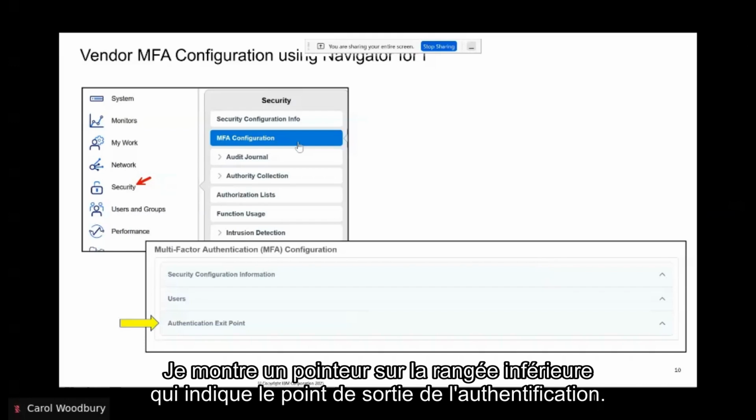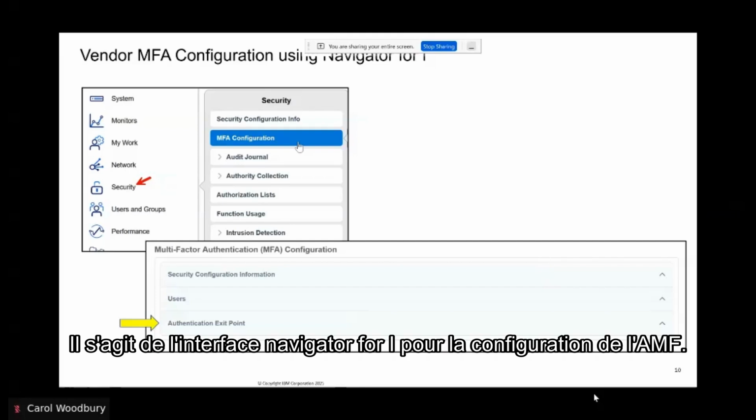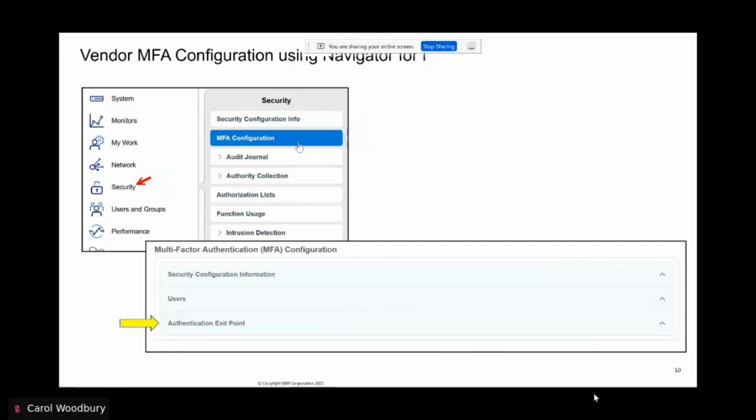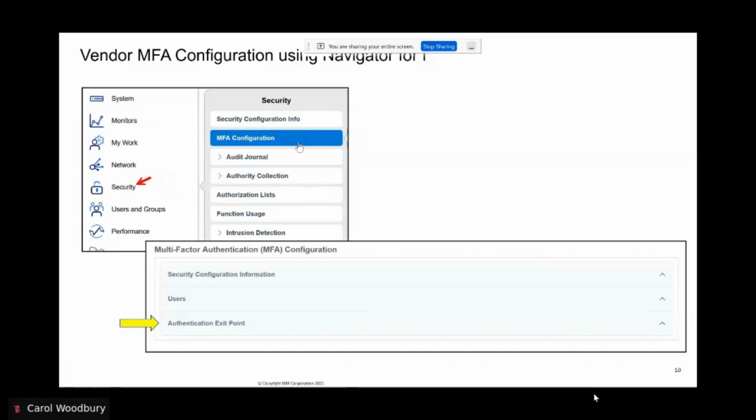This is the Navigator for i interface to configure MFA. One of the reasons I like the way that IBM configured MFA is that you have control over who and when MFA is configured. So you choose which users, you choose when those users are affected.